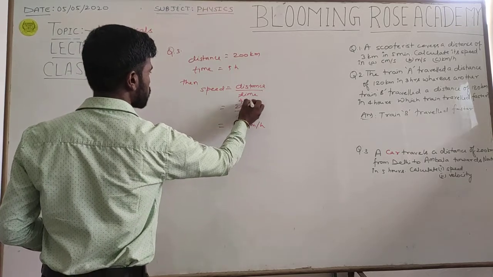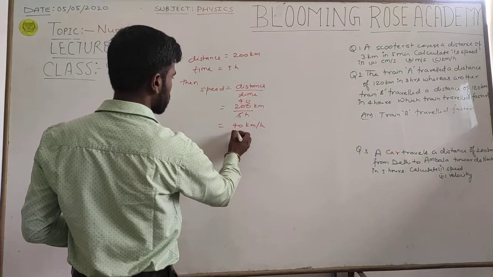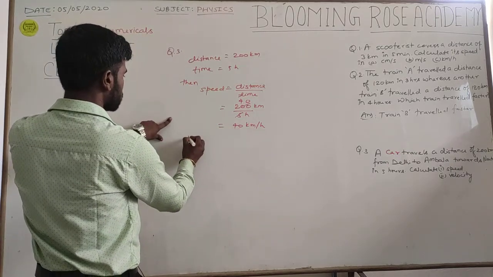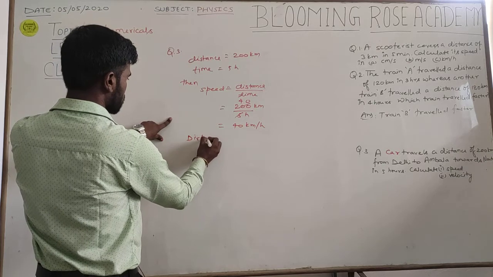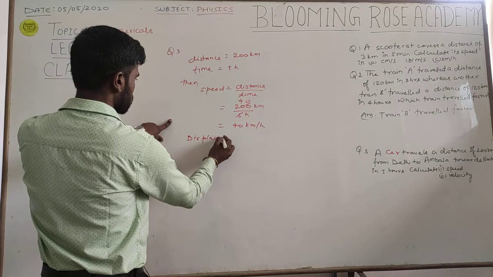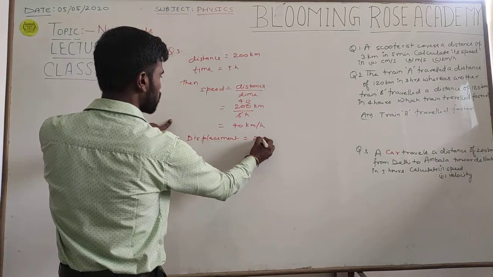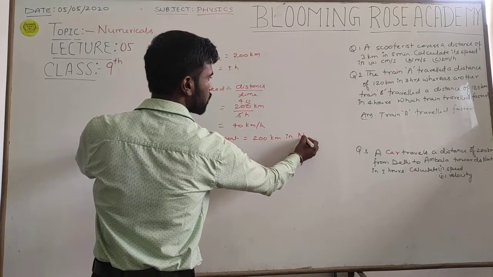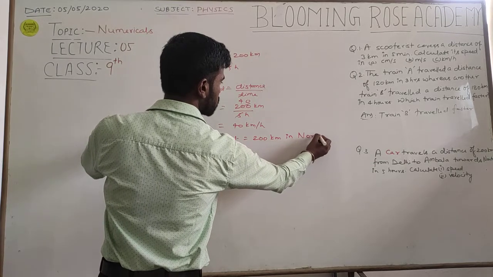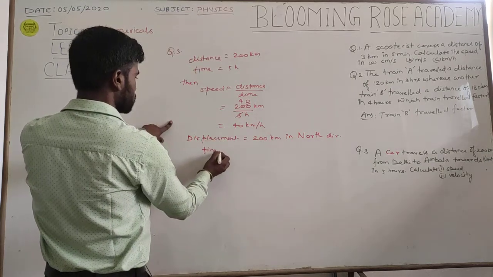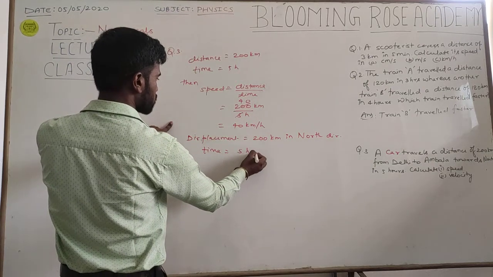Here for displacement, it is also 200 km in the north direction and time equals 5 hours.